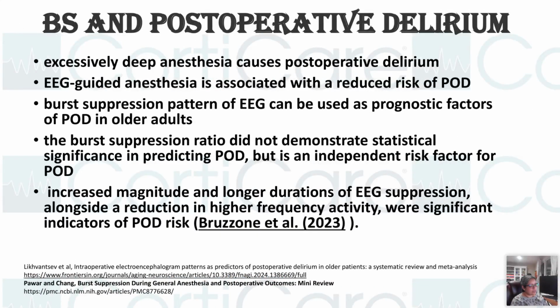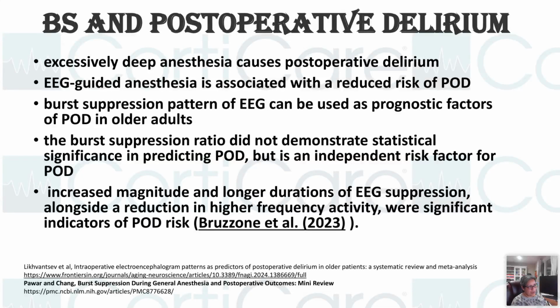So what role does burst suppression play in POD? Excessive anesthesia, or how the neurons metabolize the sedation during surgery, causes post-operative delirium. If a patient during surgery has EEG-guided depth of anesthesia, the risk of POD can be significantly reduced.